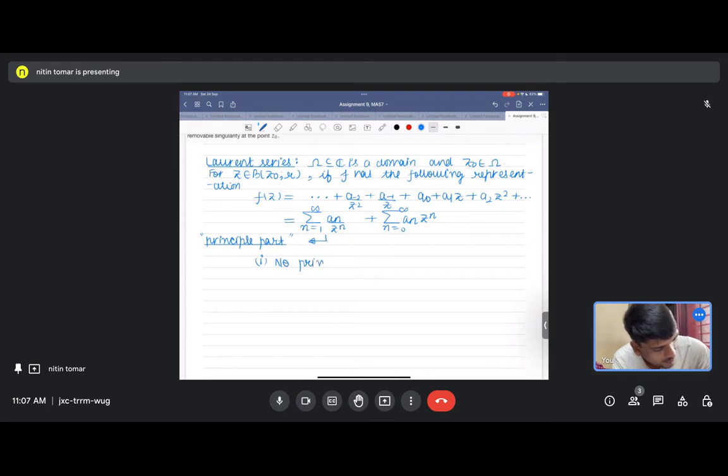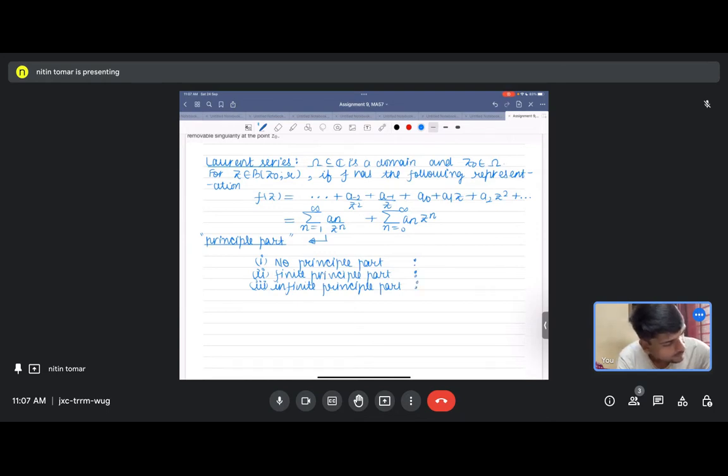No principal part, second is finite principal part, and third is infinite principal part. There can be no other possibility for the principal part, and this is where the nature of the singularity is decided.